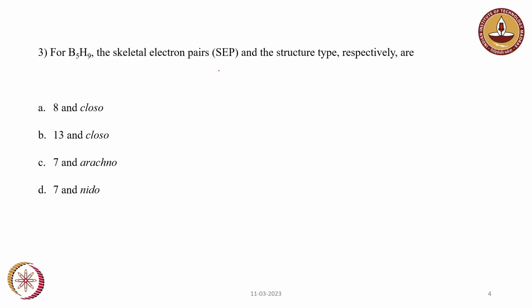So here we are asked to find the SEP and structure for B5H9. In B5H9, there are 5 borons. So 5B will give 3 per 1 boron, so 5 into 3 for boron. Then there are 9 hydrogens. 1 hydrogen has only 1 valence electron, so 9 into 1.